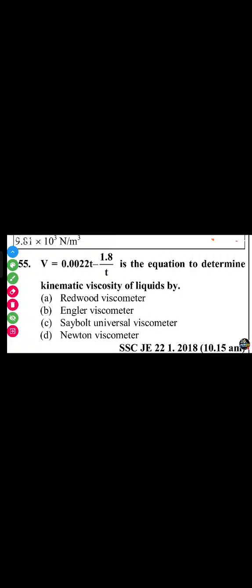Next question: V equals 0.0022 T minus 1.8 by T. This equation is used to determine the kinematic viscosity of liquids. Remember it, and you can note this question. It is for the Saybolt universal viscometer.